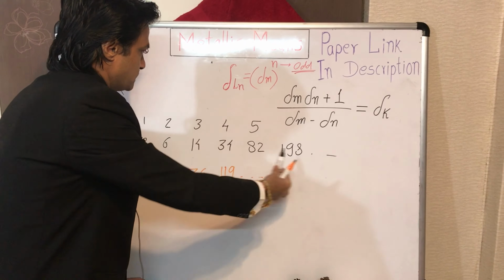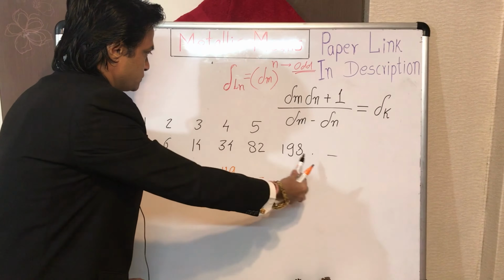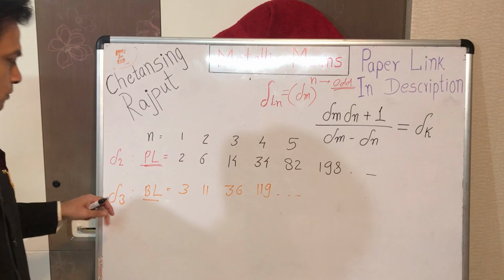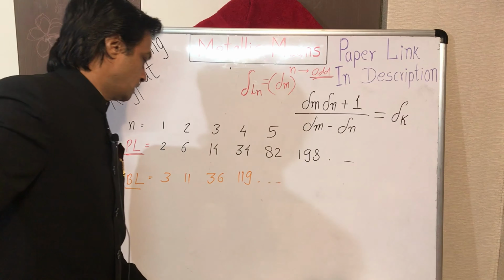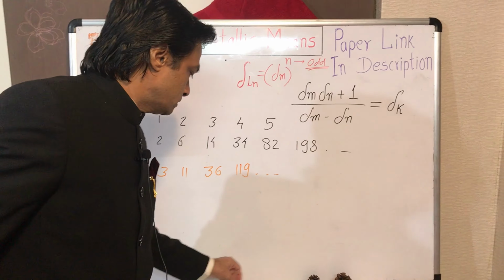This Lucas sequence is associated with the second metallic mean. This Lucas sequence is associated with the third metallic mean, and we can validate this formula from these values also.